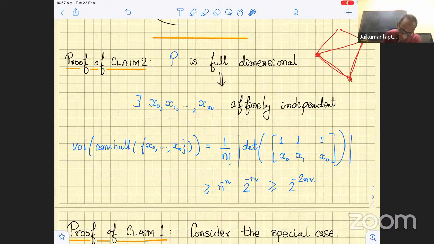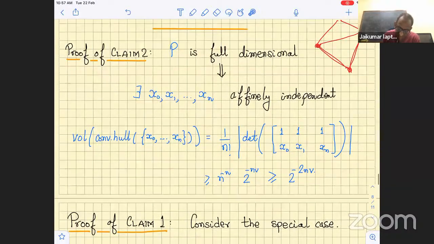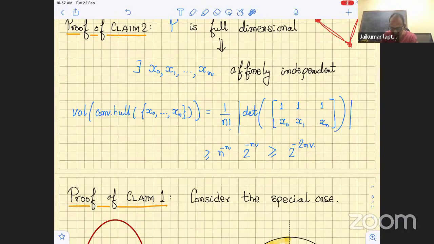And I will explain if you want. So it turns out that the volume of a convex hull of x0 to xn is actually this number. If you're not familiar with it, I will explain, or you can start thinking and tell me why it is true. So you take each of these points. Each xi is a vector of length n.